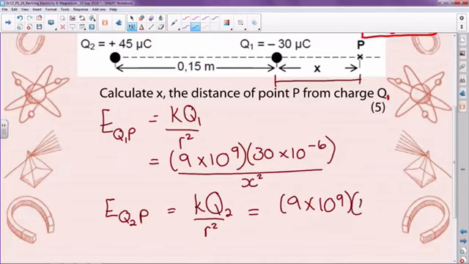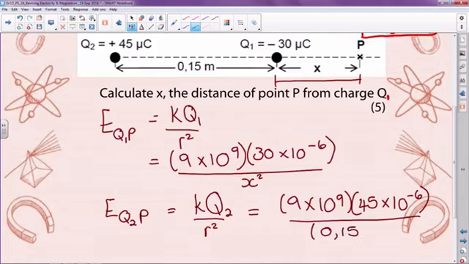It was 45 microcoulombs. So that's minus 6. Now comes the trick. Because the distance is actually going to be 0.15 plus the x all squared. Hopefully some of you got to this point and went, okay, so now what?